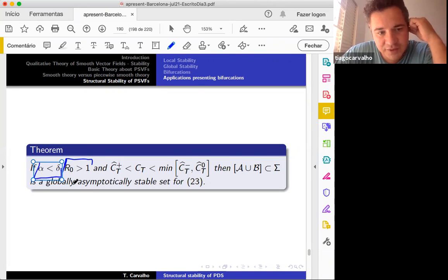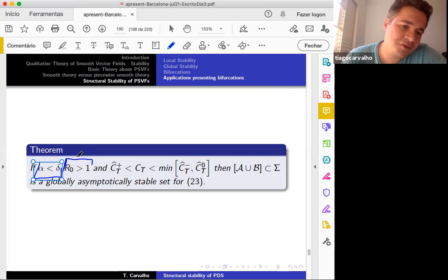Again, if R0 is smaller than 1, there is no way to apply a treatment because the virus will vanish, okay, naturally. So it's natural to consider this case, okay.